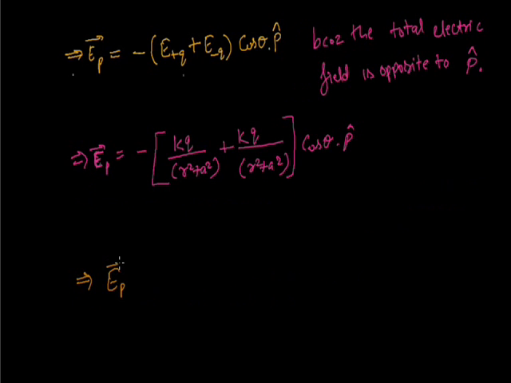So E P equal to minus 2kq upon r square plus a square, times cos theta.